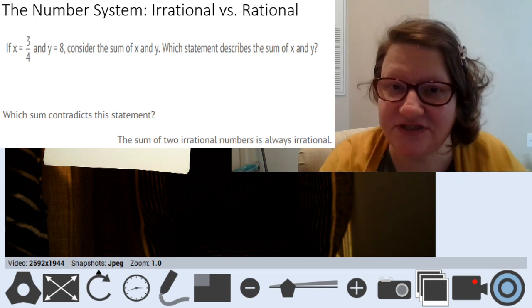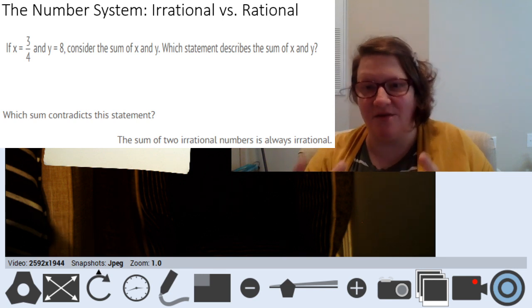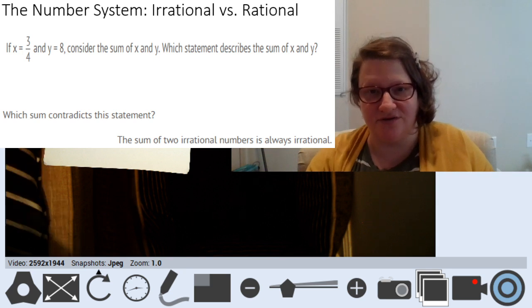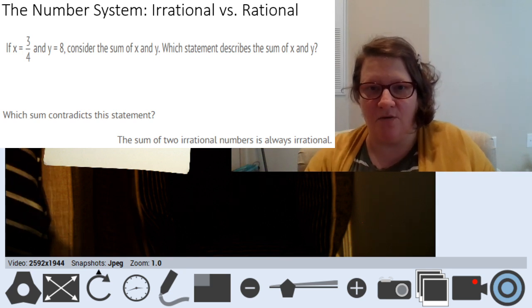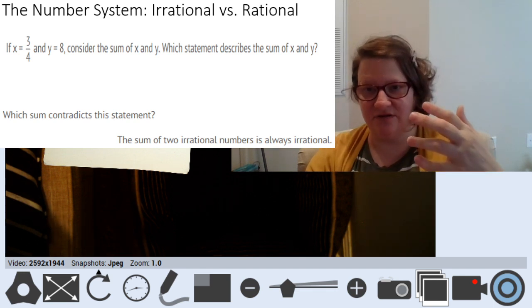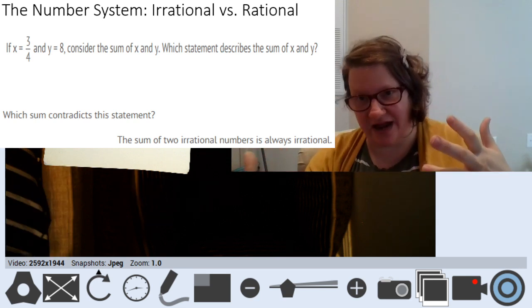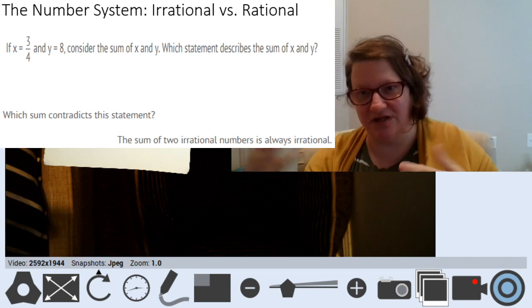And we are interested in talking about those under certain operations. In fancy math talk, we talk about whether those things are open or closed. What I want you to understand here is that there are rules that govern what happens to irrational plus irrational, and rational plus rational, as well as irrational plus rational.